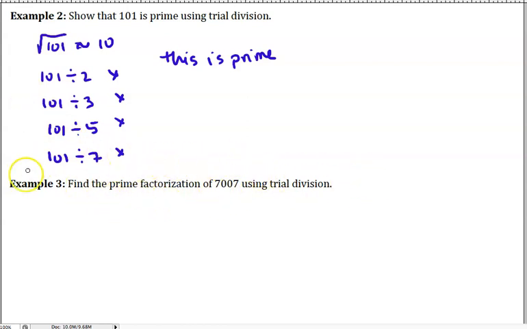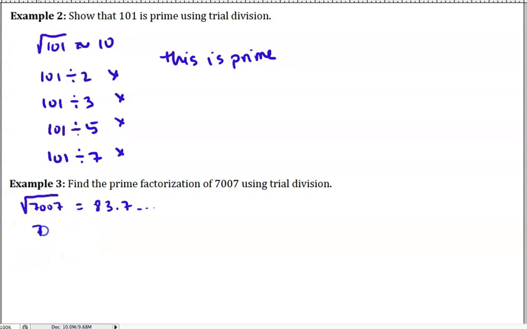Let's find the prime factorization of 7007. If I take the square root of 7007, I get approximately 83.7, rounded. So I need to check all the prime numbers up to 83 before I give up.